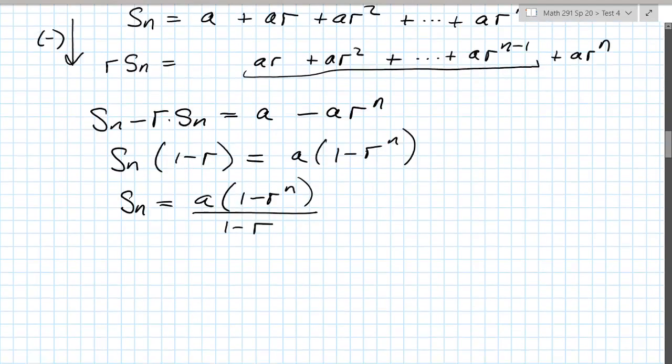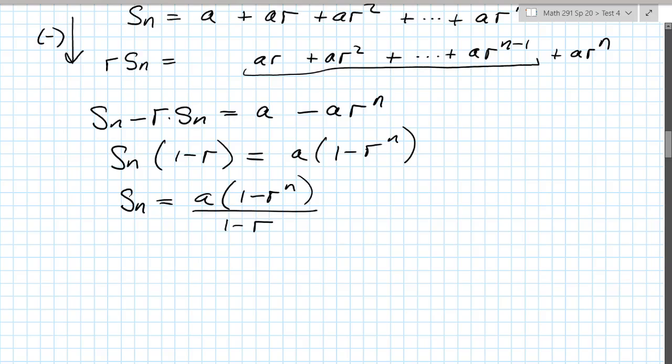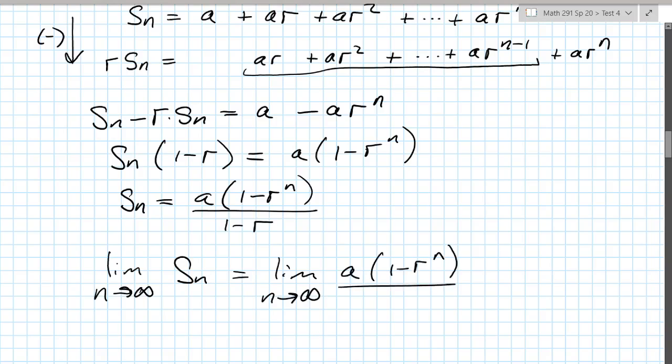So now the question is, what can we say about the limit as n approaches infinity of this? Notice this limit is dependent on n, and the only n we have is in the exponent here.